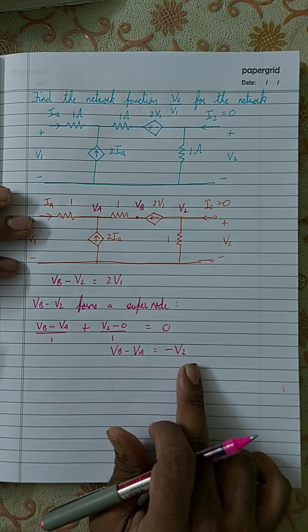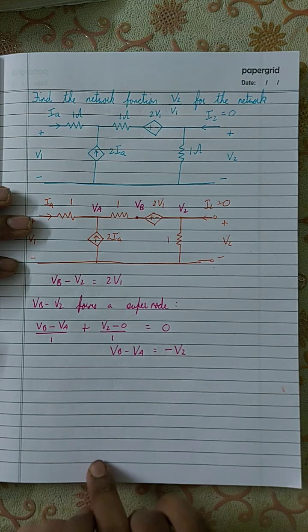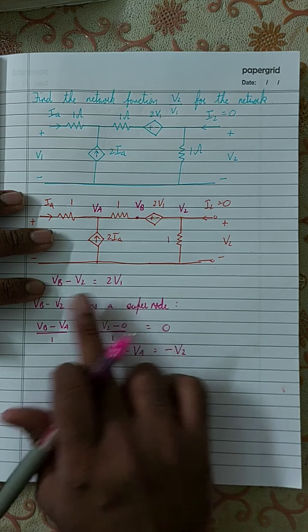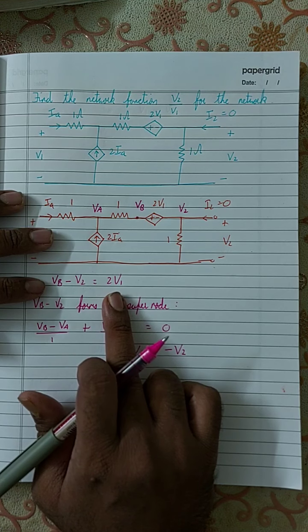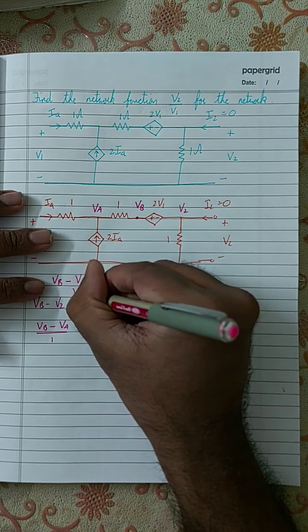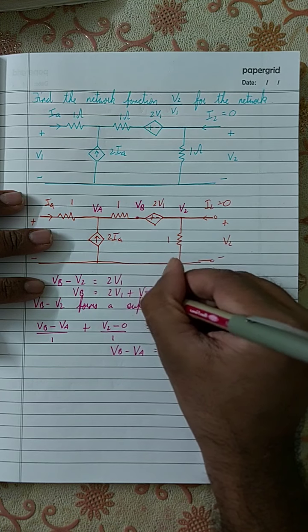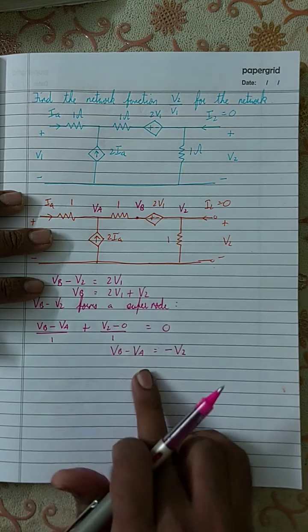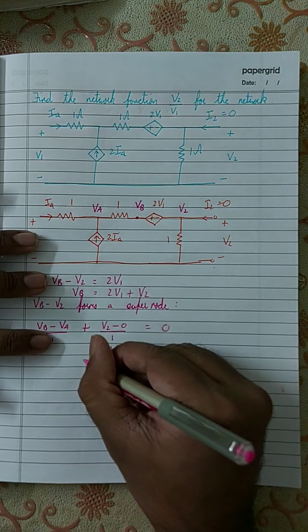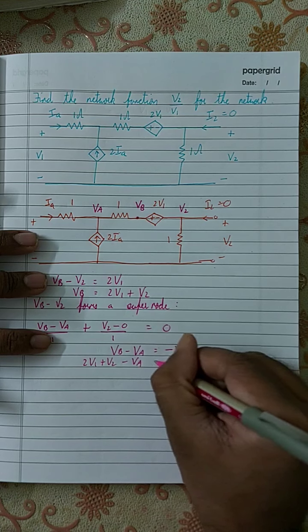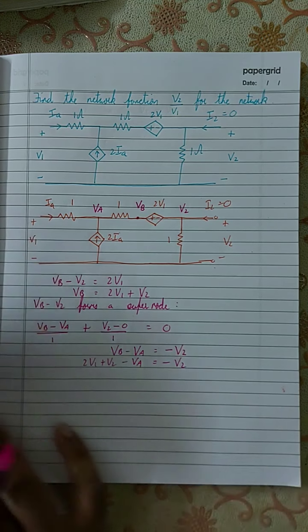Okay. This is also very interesting. You might need this equation. Okay. And one more thing also. Here you can say that VB minus V2 is equal to 2V1. So therefore I can say that VB is equal to 2V1 plus V2, right? I'll substitute that thing over here. So I will get 2V1 plus V2 minus VA is equal to minus V2.